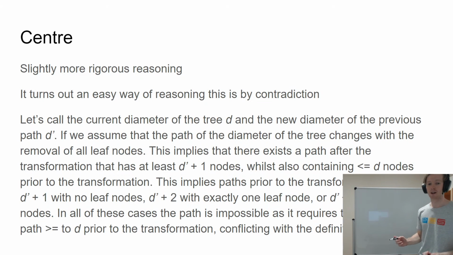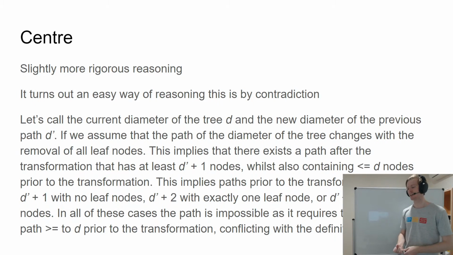So for that, we'll call a diameter d. In order to find this case where the next d would actually be larger than the current d, we know that both ends of the diameter will be leaf nodes by definition. So we have to somehow find a path that has one of three cases.